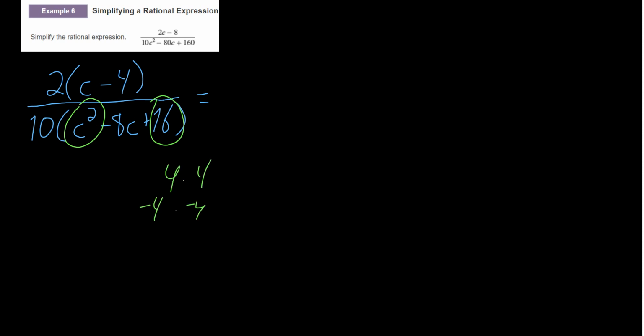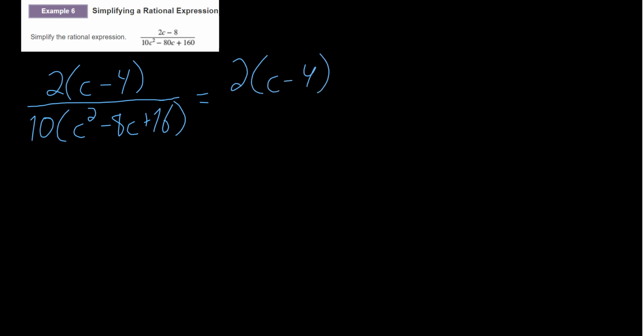Negative 4 times negative 4 gives me positive 16, and if you add them together, it gives me a negative 8. So I know that this is a perfect square trinomial. So this can turn into 2 times c minus 4 over 10, and then c minus 4 quantity squared.